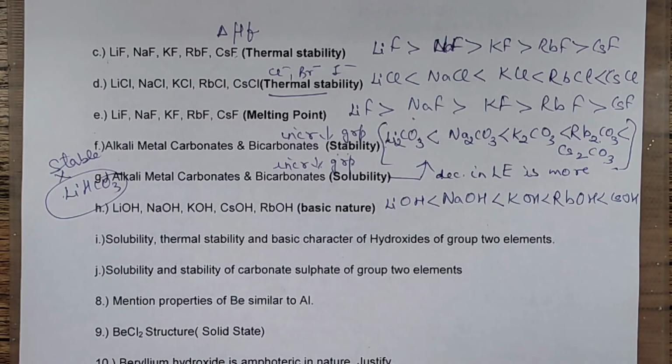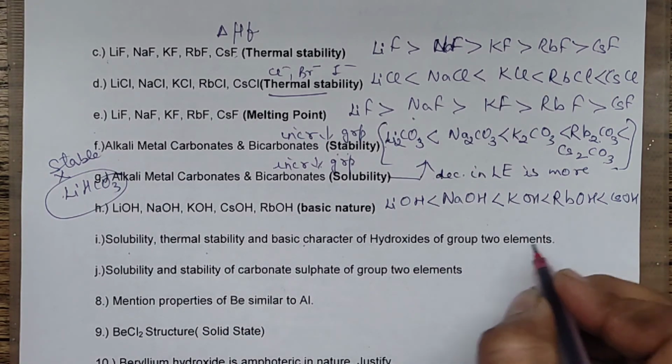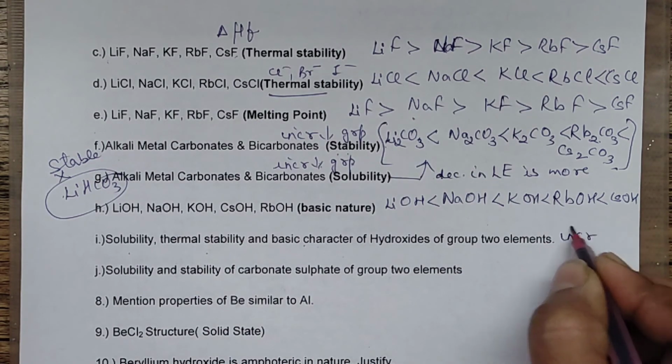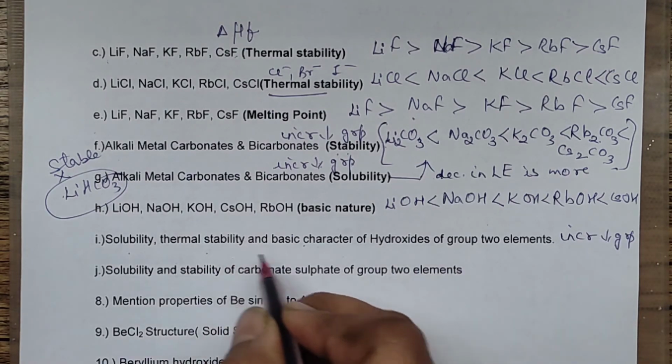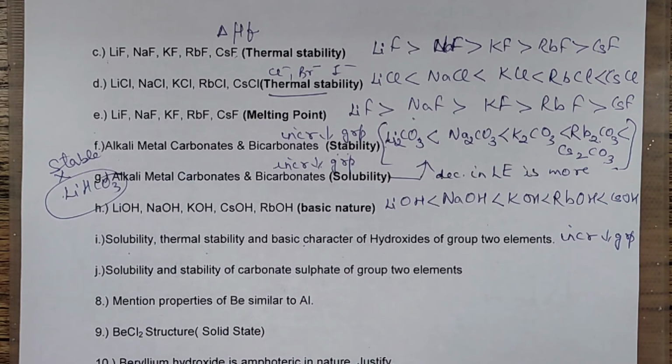That is the answer. Then if you are asked to arrange the solubility, thermal stability, and basic character of the hydroxides of group 2, all are increasing down the group. Stability, basic character, solubility, all are increasing. Basic character is increasing because metallic character is increasing down the group.